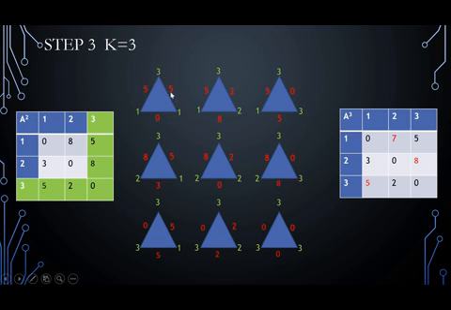So copy it as it is on the right hand side. What about the base? The matrix as it is: 0, 8, 5, 3, 0, 8, 5, 2, 0.